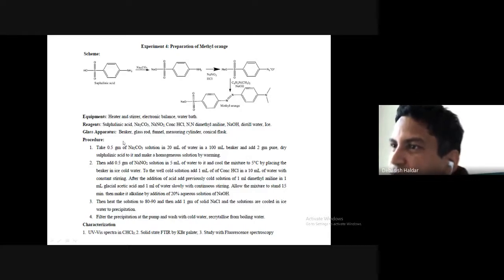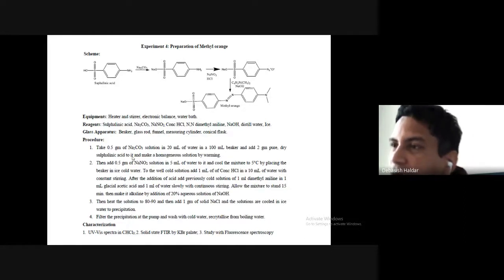We will dissolve that sodium carbonate in 20 ml water in a beaker, and we will add 2 gram pure dry sulfanilic acid and make a homogeneous solution. We will completely dissolve the sulfanilic acid. If required, we will warm it a little bit so that the entire sulfanilic acid dissolves in that sodium carbonate solution.